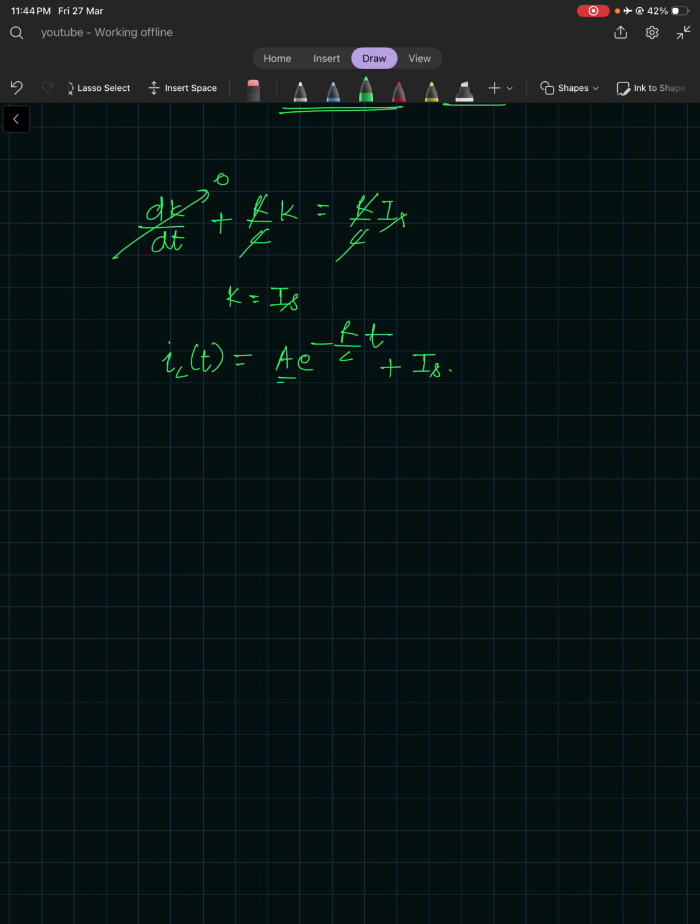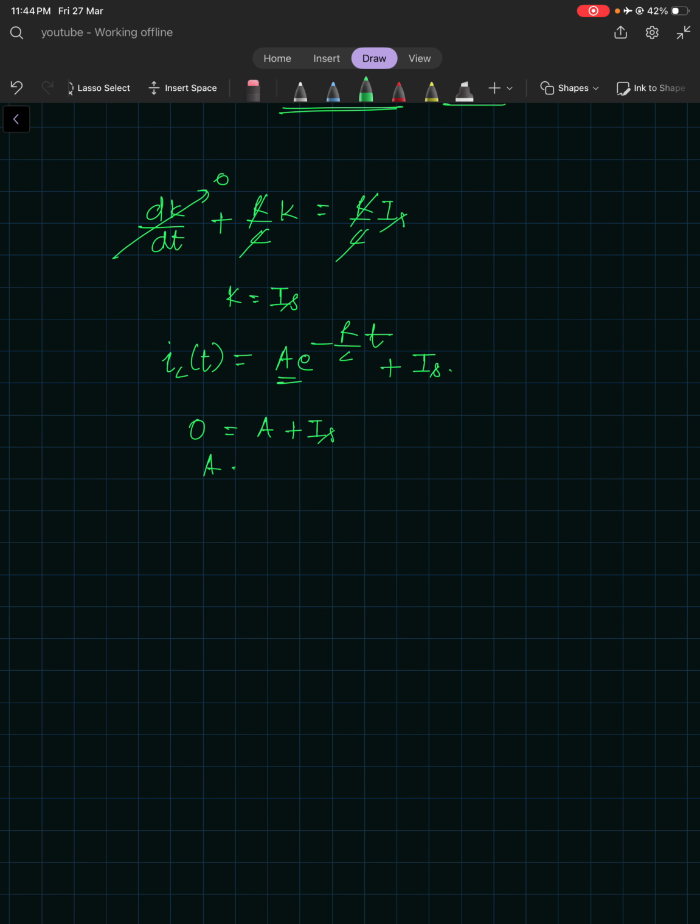Now A we can find out using the initial condition. At the initial condition we know IL 0 minus was 0, IL 0 plus was 0 actually. So it will be 0. Let's directly put in the equation. So this is 0, and this is A plus IS.